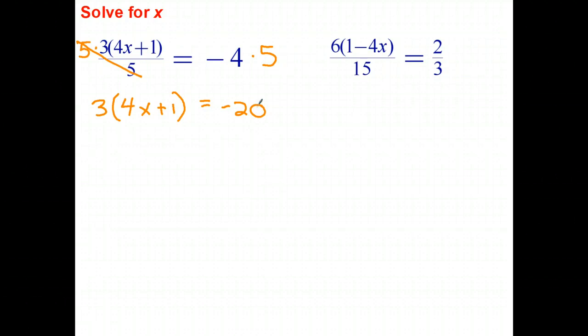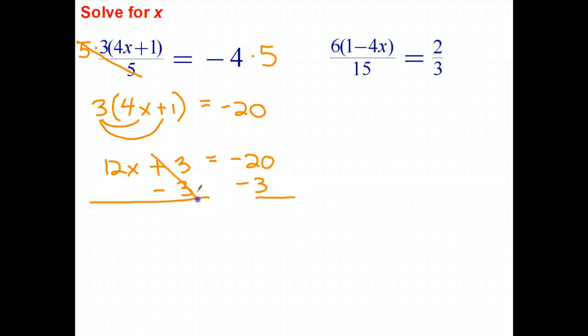So the first thing I did is get rid of the fraction on the left. Now I need to get rid of the brackets, so we'll do that by expanding out the brackets. 3 times 4x is 12x, plus 3 times 1 is 3, equals negative 20. Now I have to undo the adding. I always undo adding before I undo multiplying, so I subtract 3 from both sides.